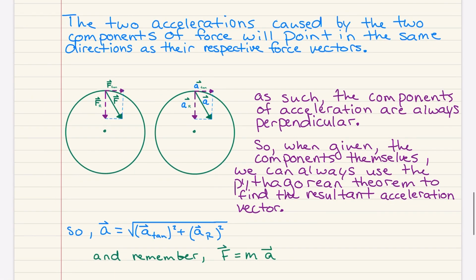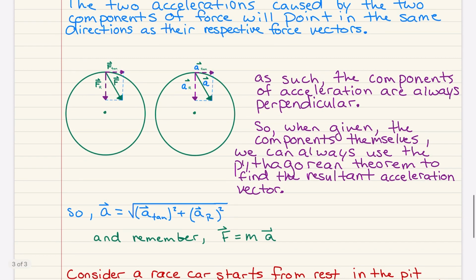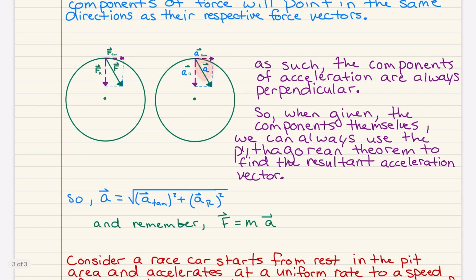As such, the components of acceleration are always perpendicular, right? So when we are given the components themselves, we can always use the Pythagorean theorem to find the resultant acceleration vector. In other words, this resultant acceleration vector can always just be equal to the square root of the square of the tangential component plus the square of the centripetal component.